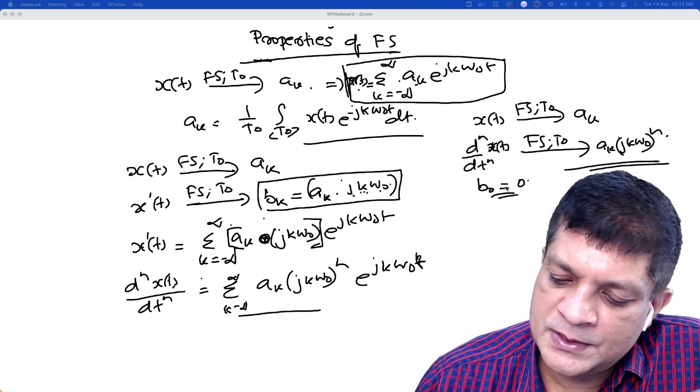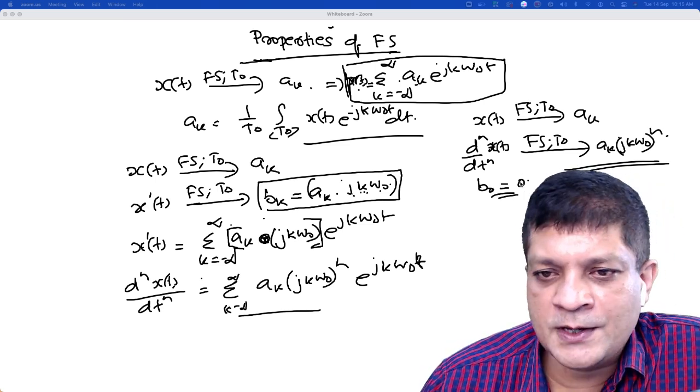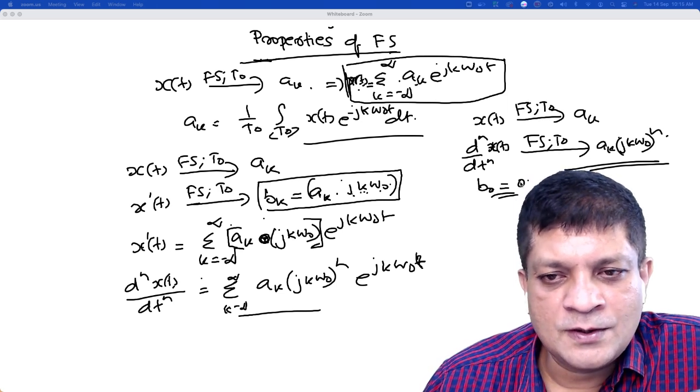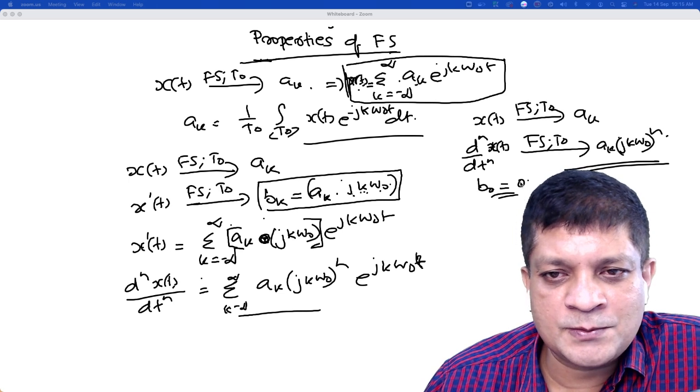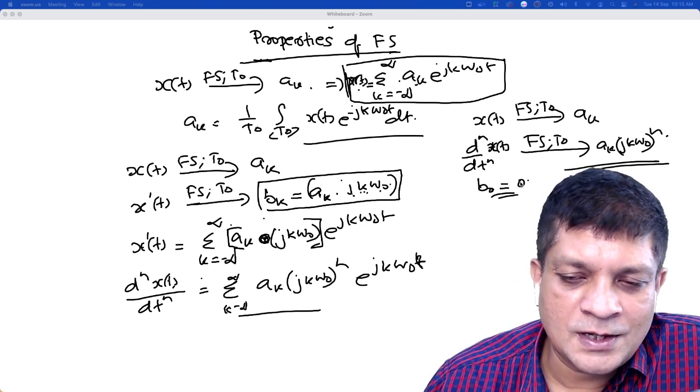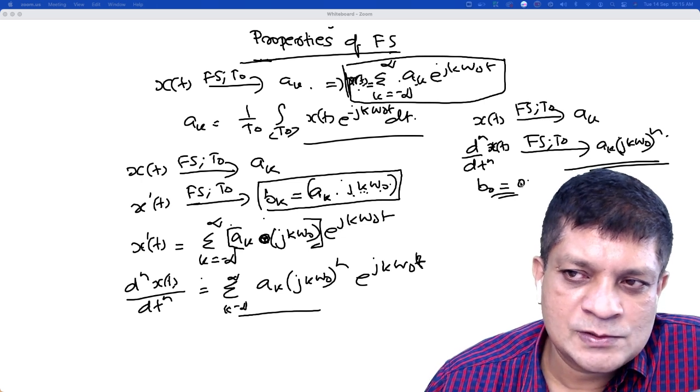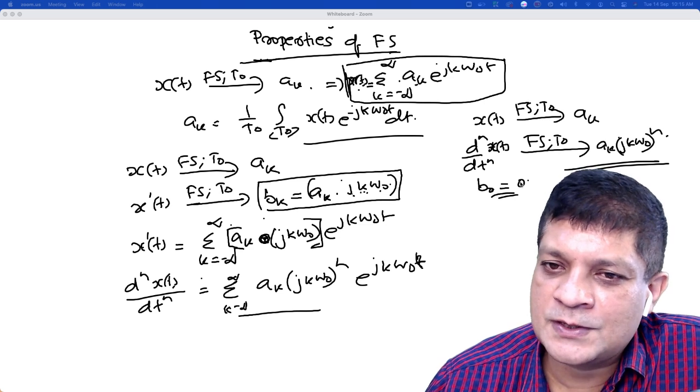So this b0 is always 0. And it makes sense also, because when you differentiate a signal, you lose the information about the average value of the signal.